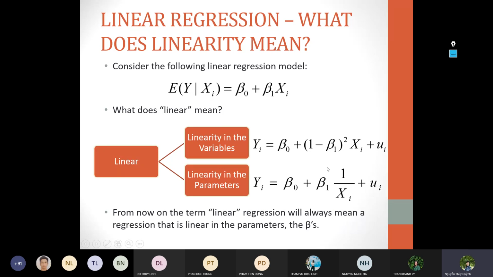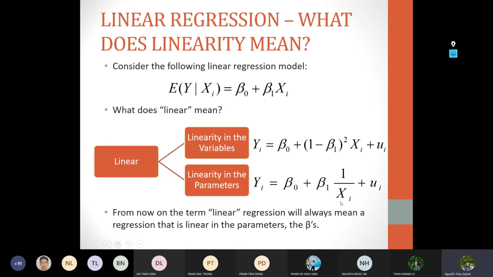But when we say that a model is linear in the parameters, then the independent variable does not need to have the power of 1, but the parameters have to have the power of 1. Like in this model, we have yi equals beta 0 plus beta 1 multiplied by 1 over x, which is x with the power of -1, plus ui.